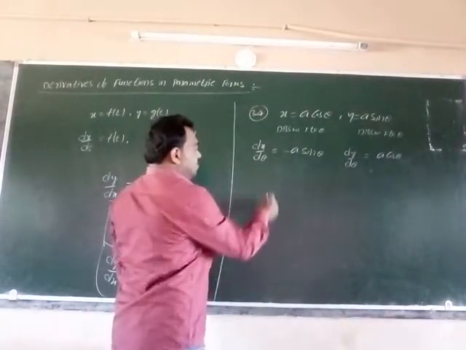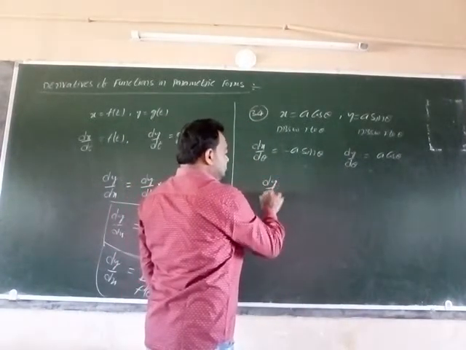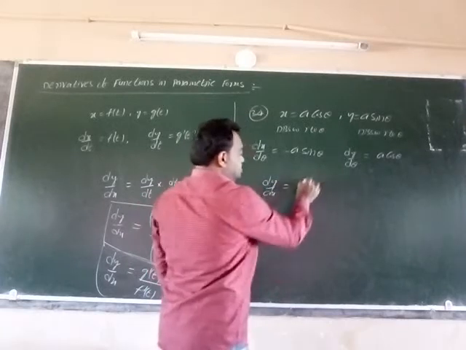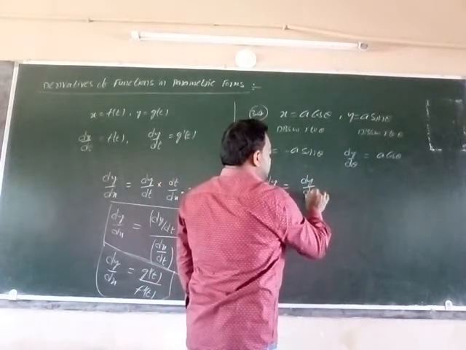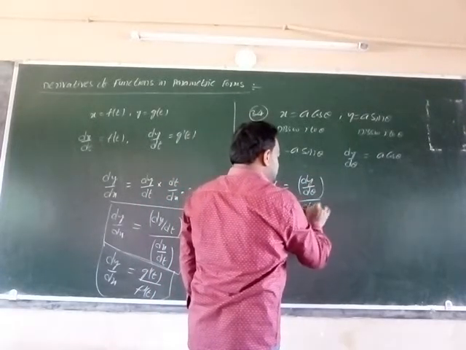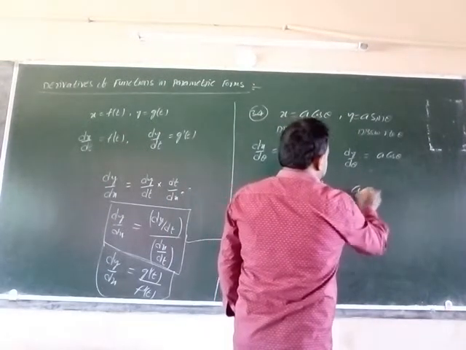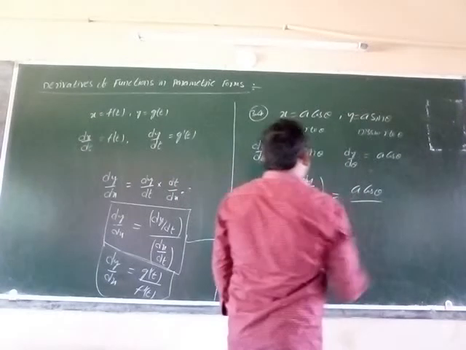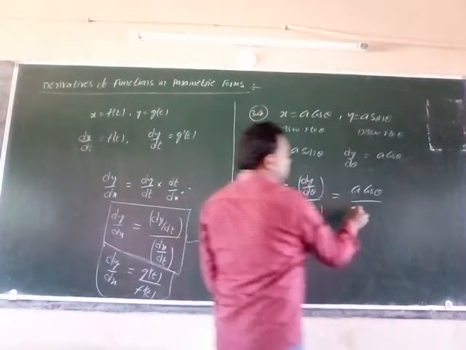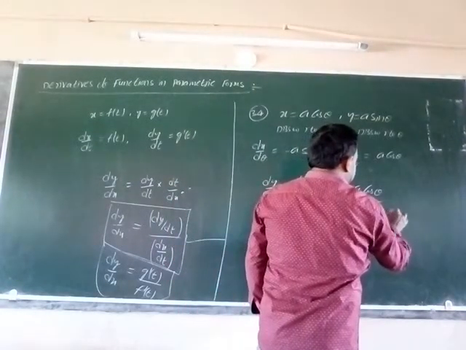Now what we need to find is dy by dx, which equals dy by dt by dx by dt. So dy by dt is a cos theta and dx by dt is minus a sin theta.